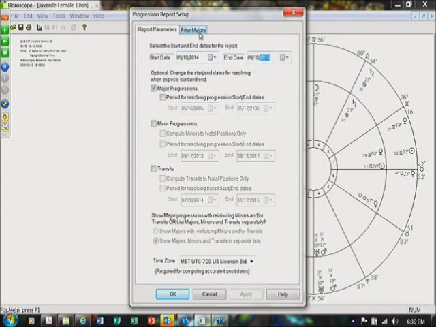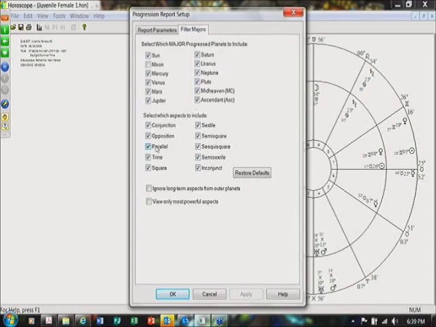And then I'm going to filter the majors. When I look at progressions, I will oftentimes take out the parallel. We'll ignore the long-term outer planets. The reason for that is any aspects from Pluto could last your lifetime. Chances are they're in orb at the time you're born and they last your lifetime.